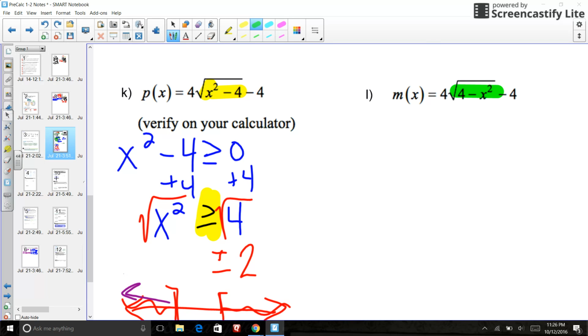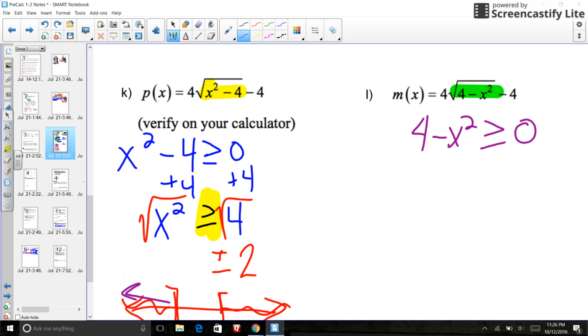Okay, so I can go back to what can that not be? Can't be negative. So let's see. I'm going to say 4 minus x squared has to be greater than or equal to, can be 0. So there we go.